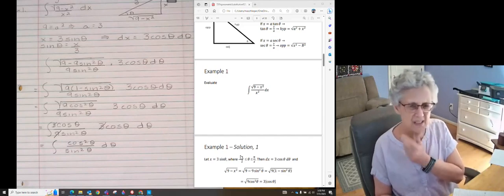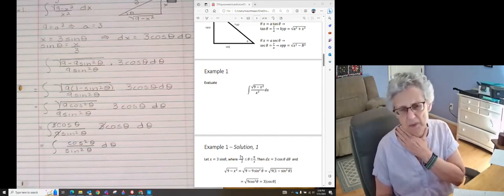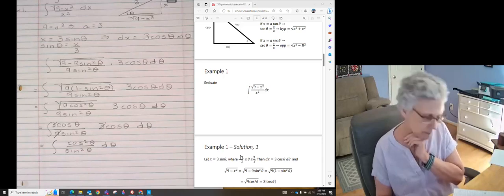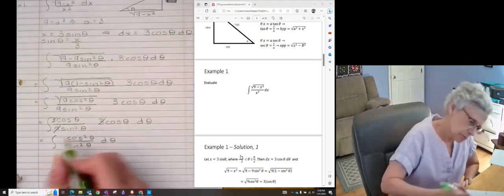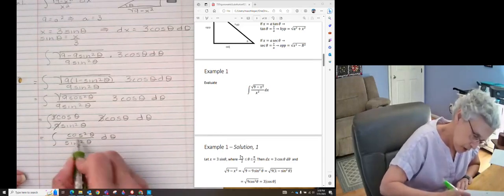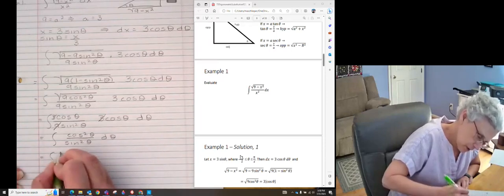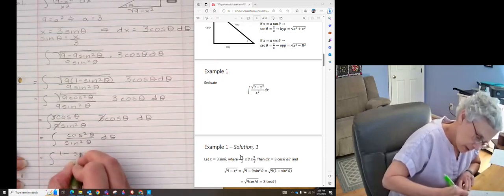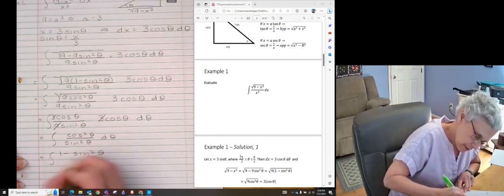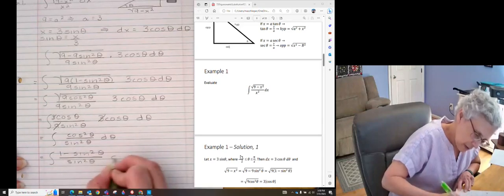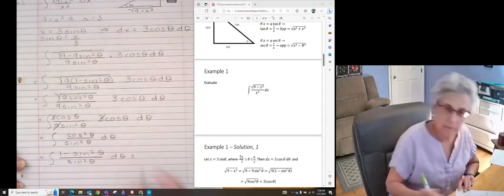Well, I could rewrite that as cotangent squared, but I don't think that's going to help me. So let's replace cosine squared. We have the integral of 1 minus sine squared of theta over sine squared of theta d theta.